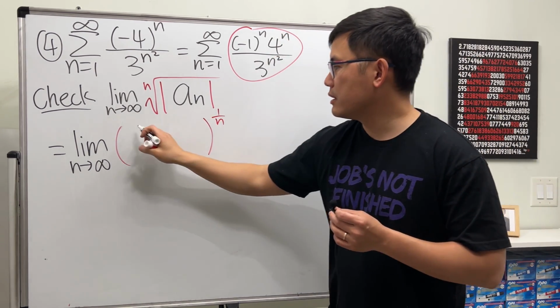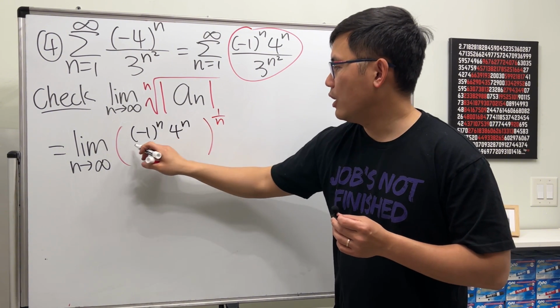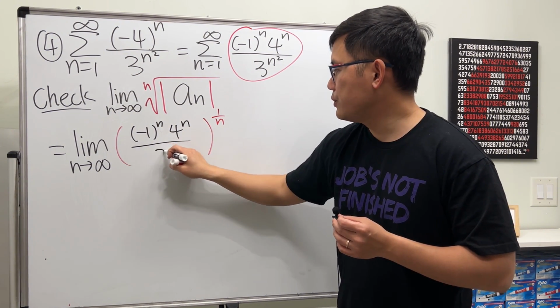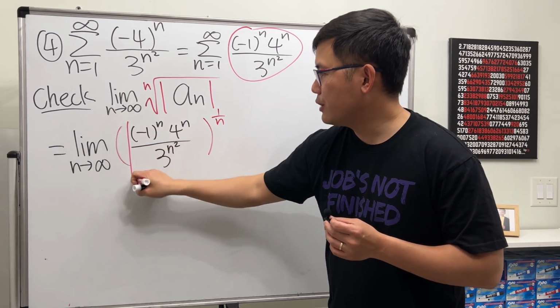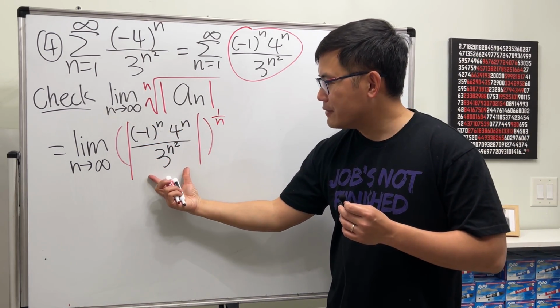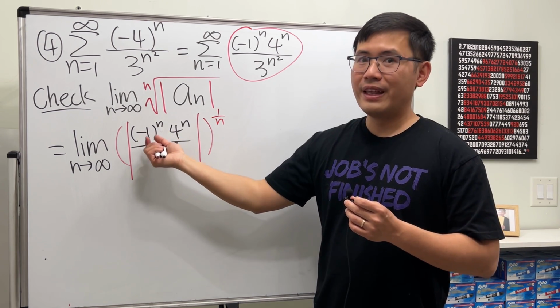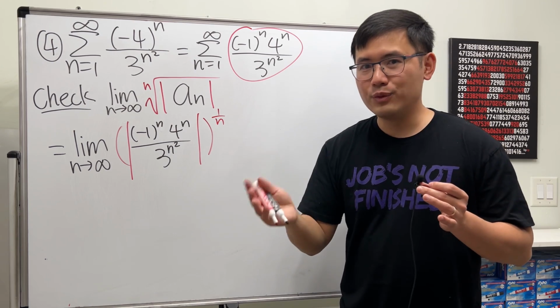And then the top here is negative 1 to the n, and then 4 to the n over 3 to the n squared. Here, I'm still going to keep the absolute value because I'm actually going to use the absolute value to get rid of this term. Negative 1 to the nth power is negative 1 plus 1, negative 1 plus 1, right?